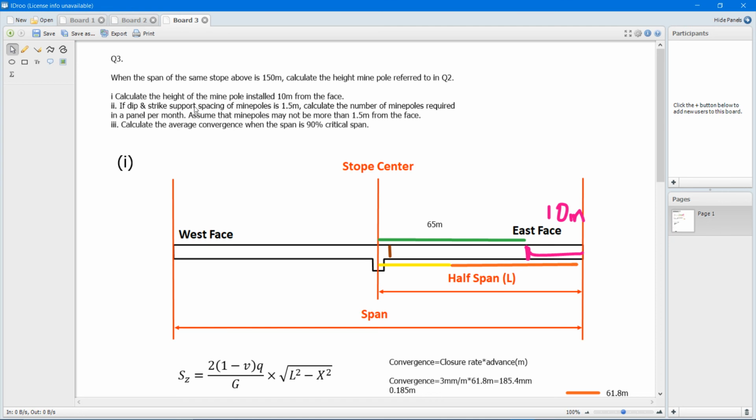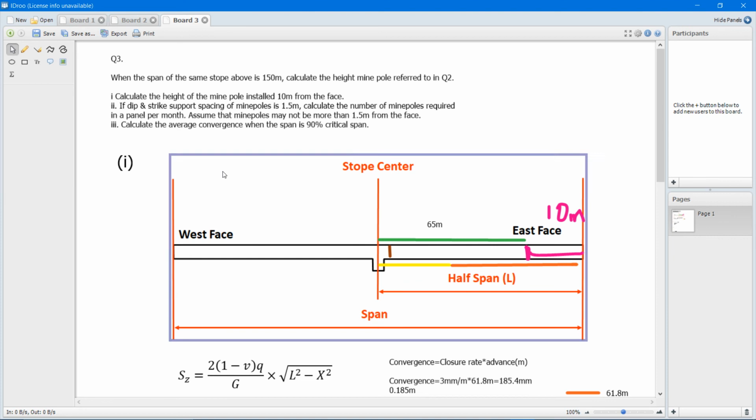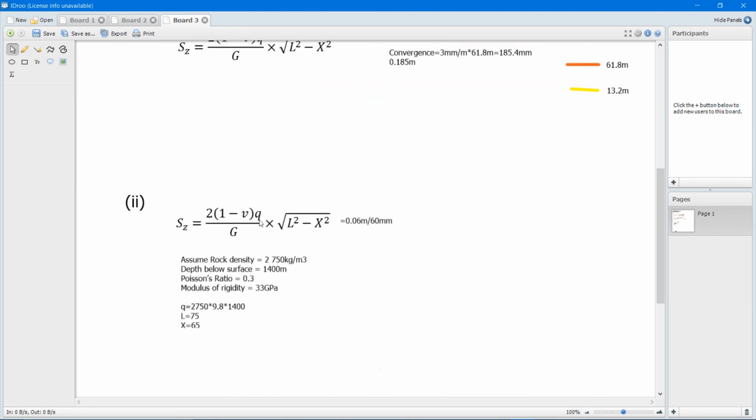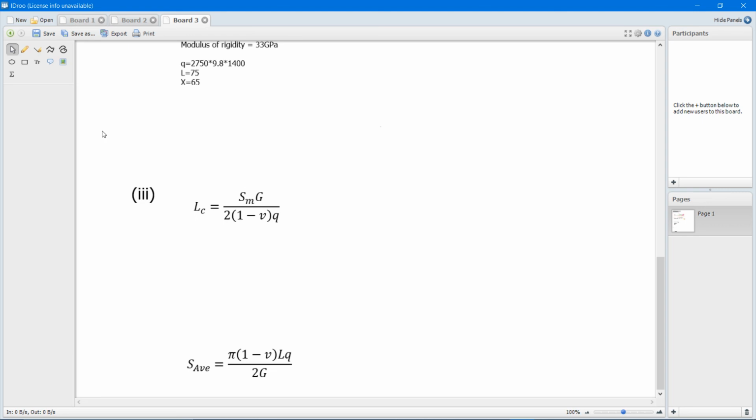Now, if dip and strike support spacing of mine poles is 1.5 meters, calculate the number of mine poles required in a panel per month. Assume that mine poles may not be more than 1.5 meters from the face. Okay, let's try to visualize what's going on there.